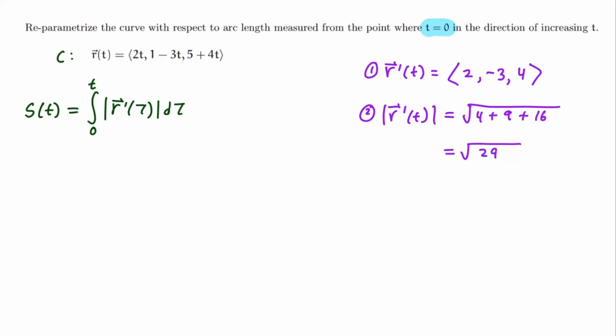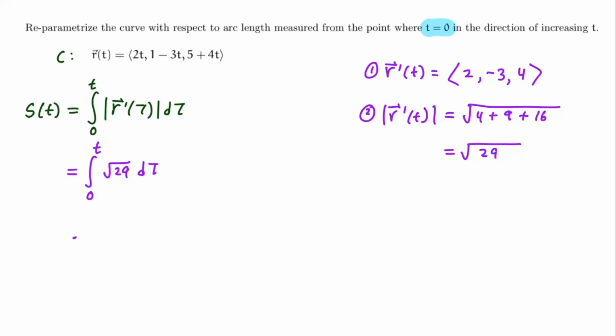All right, so now we're going to substitute this in here. And we can just call that r prime of tau instead of t, because t is our upper limit of integration. So in reality, we're simply integrating from 0 to t the magnitude of r prime of tau, which is square root of 29 d tau.